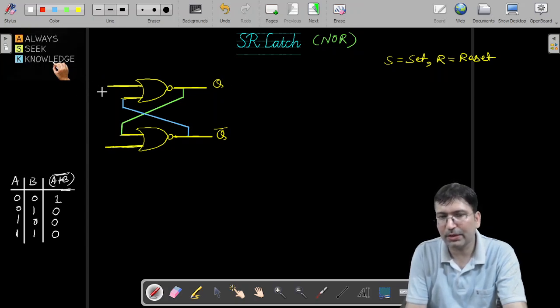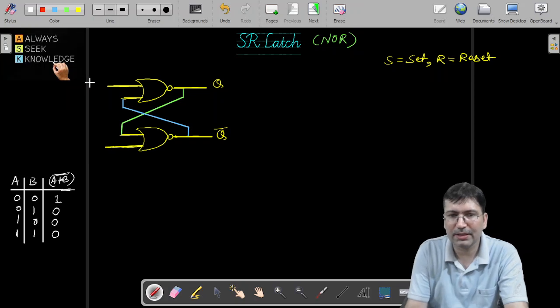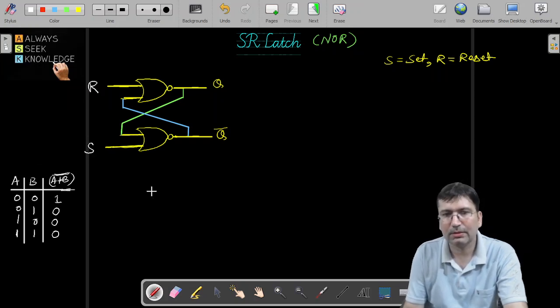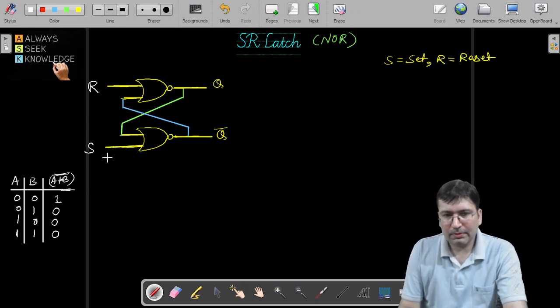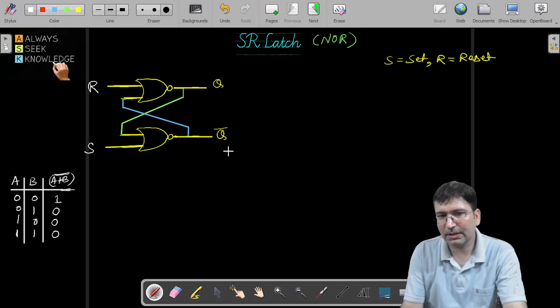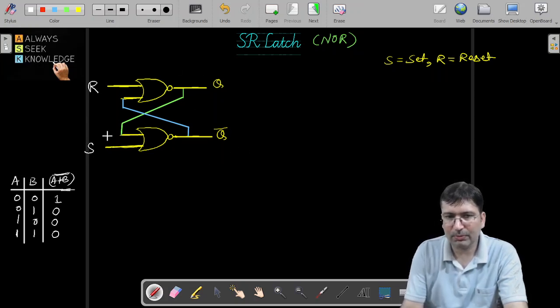So this pin cannot act as set pin, it should be a reset pin. So I'm making it R, and then this pin should act as set pin. I hope you're getting it, right? So this is R and this is S, this is Q and Q bar. Now let's analyze, when we pass different inputs, how this circuit will behave and how it will work as a memory element.